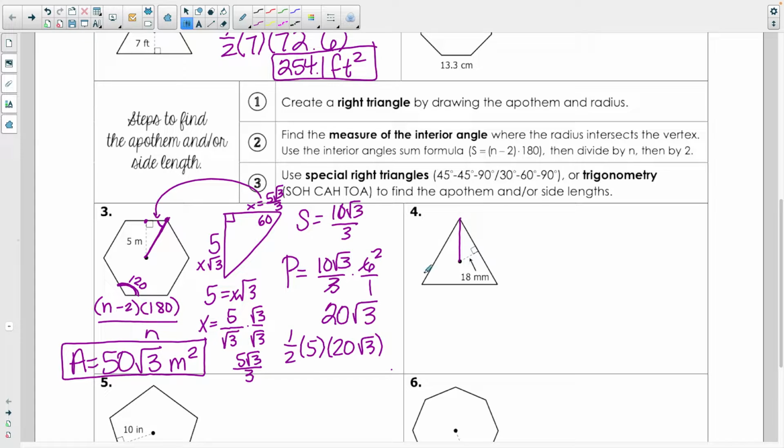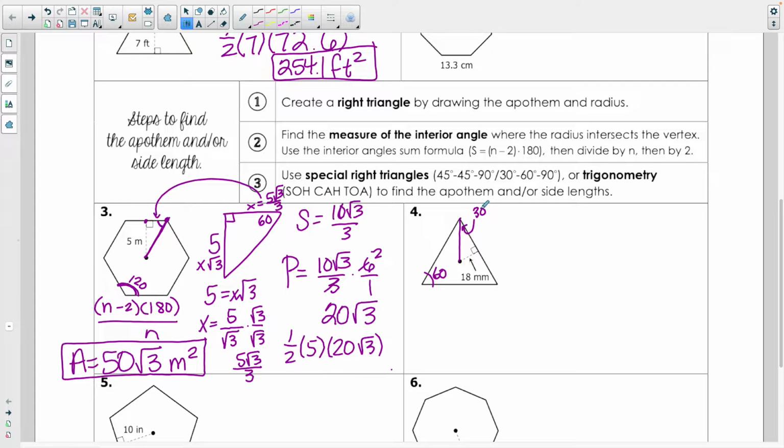How many degrees is each angle in an equilateral triangle? 60 degrees. But when I drew that purple line, I cut that 60 in half, right? So this little guy is 30, correct? Yeah. So I still have a 30, 60, 90 triangle. It's just a little bit different than this one.